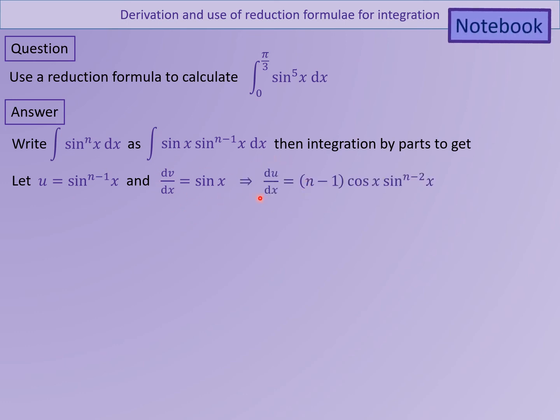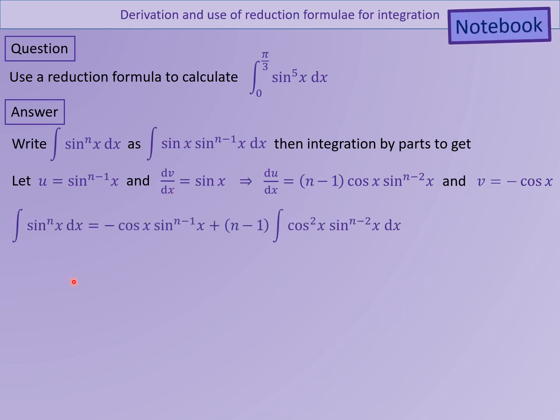So when I differentiate this bit, the sine x can be differentiated to cos x, and for anything to the power n minus 1, the n minus 1 can come to the front, and then you've got the function to the n minus 2. If I integrate this bit, I'm going to get v equals minus cos x. So I've differentiated that one, I've integrated that one, and now I can substitute it into the formula.